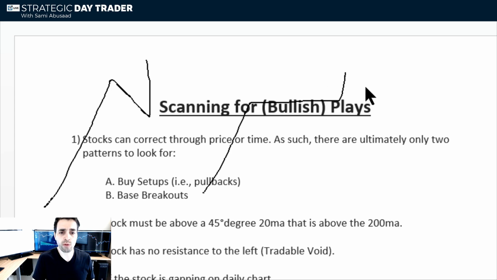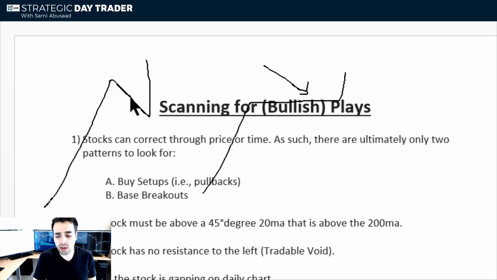So that's more momentum. So when it's a base breakout, you really want to make sure that this stock is a high momentum stock, that at the moment it's moving up a lot. It's moving nicely. It's not dead sideways and doesn't have any energy.